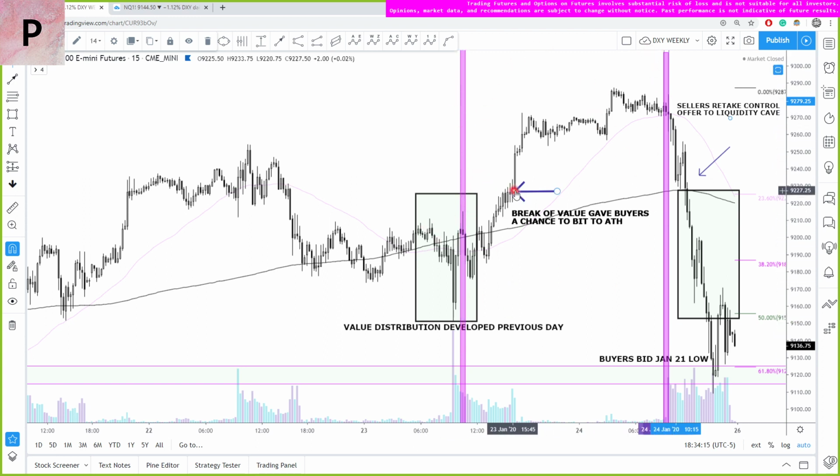You can see that once buyers catch a bid out of this box, it explodes and causes a new grind into the close of the 23rd, into the overnight session that developed into the 24th, where we saw one more attempt for buyers to retest new highs.